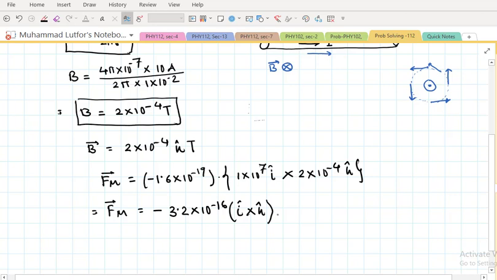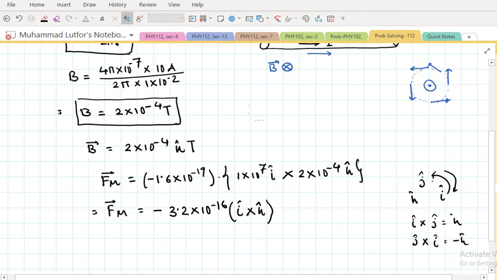Now we have to use the properties of the unit vectors. If I take i, j and k, i cross j gives me plus k, since it's counterclockwise. But if I write j cross i, that means clockwise, I'll find minus k.